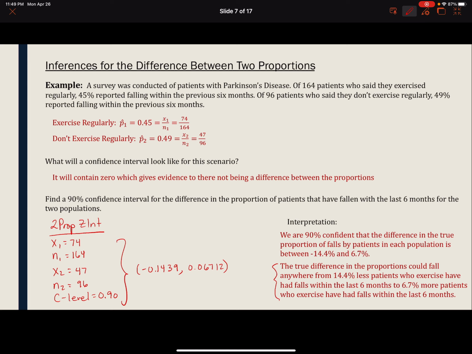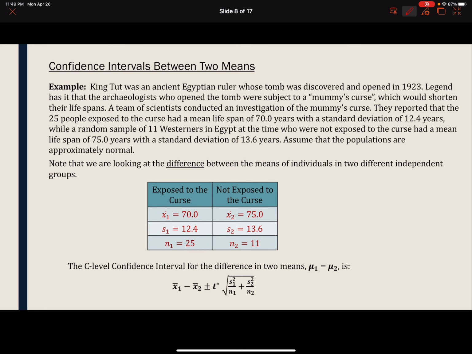When you get a confidence interval like this, there's just no good interpretation or conclusion to make. Again, it's mostly because if we're going to find a confidence interval, it's because we have already rejected the null hypothesis and said that there is a difference, like we did in the first example. So we're going to do the difference between two means in the next video.